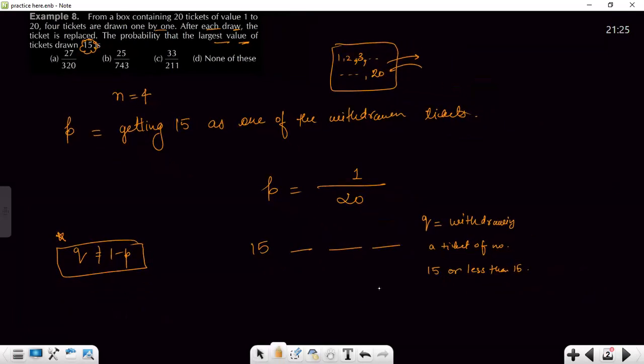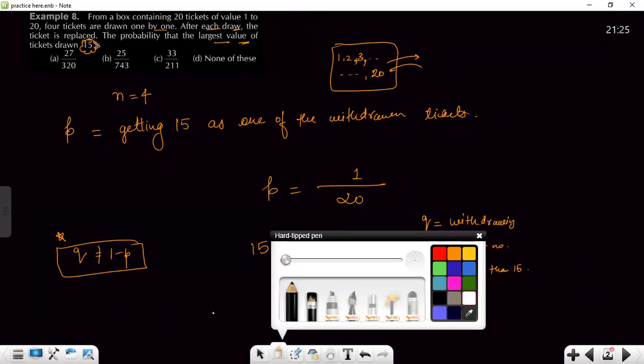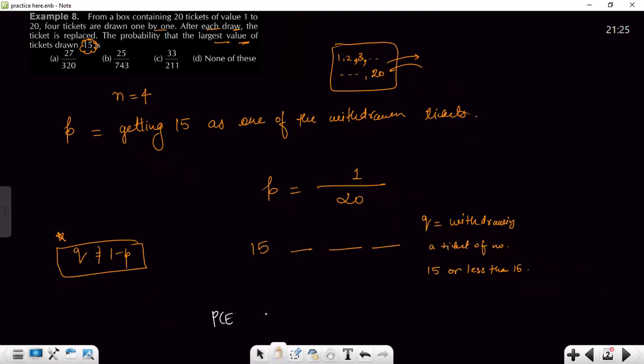So we are aware of this probability distribution formula: nCr, P raised to power r into Q raised to power n minus r. How many times do we want this success to happen? At least one time, right? So this makes r equal to 1.